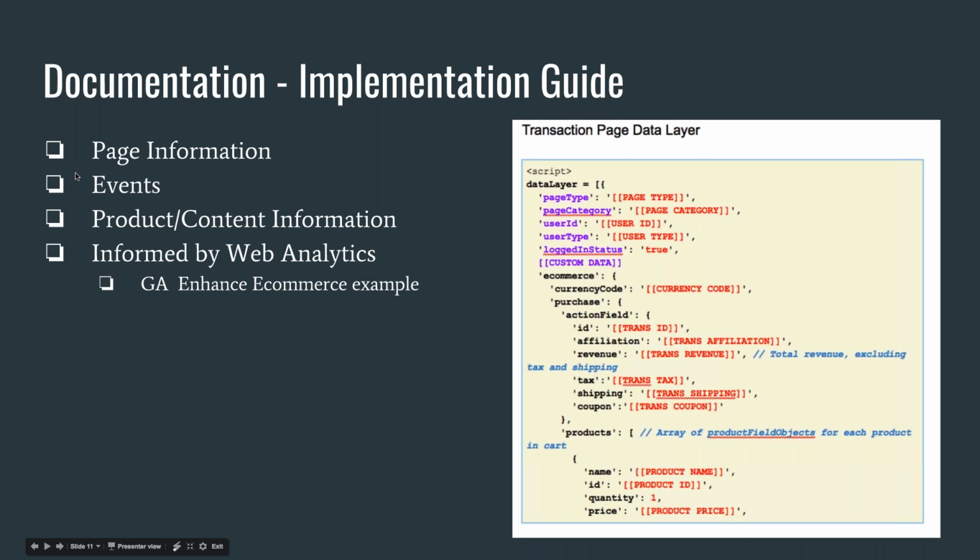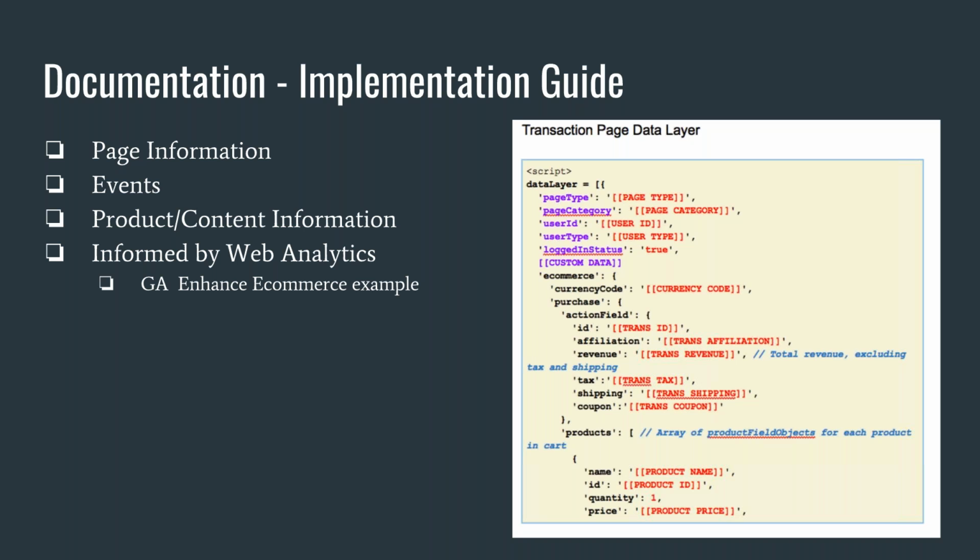The final thing that we should have when it comes to documentation up front is that full implementation guide. I'm sure there is some sort of architecture documentation going into the stage between defining the requirements for the business users and defining the requirements for the technology and development teams. The things included in this implementation guide are the data layer structure, what exactly that looks like.